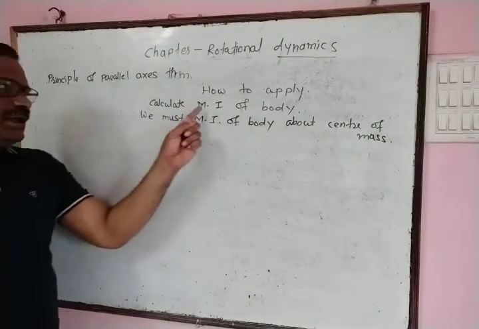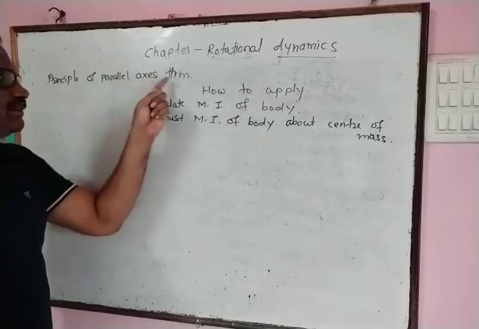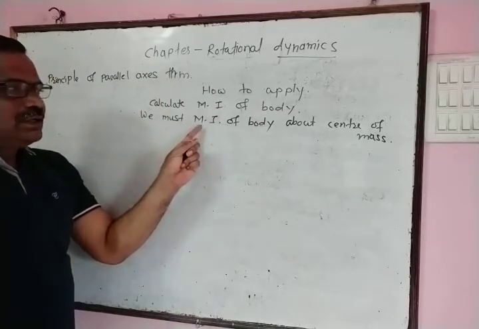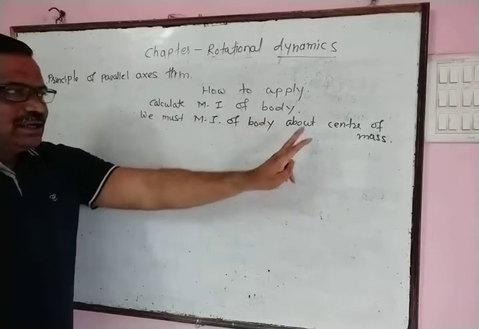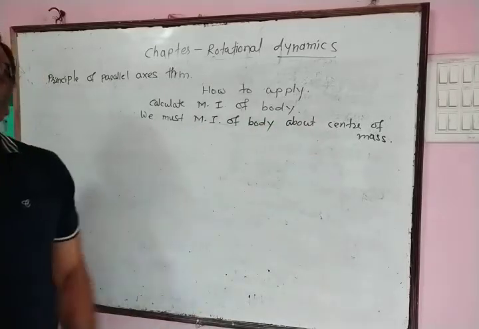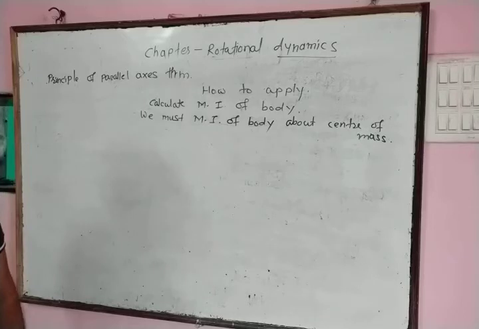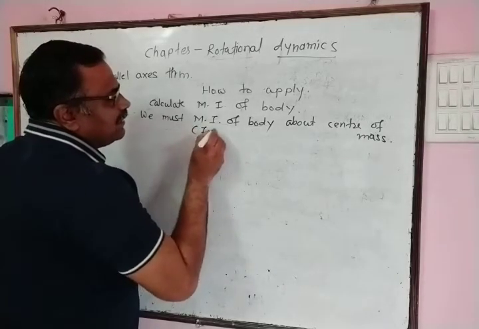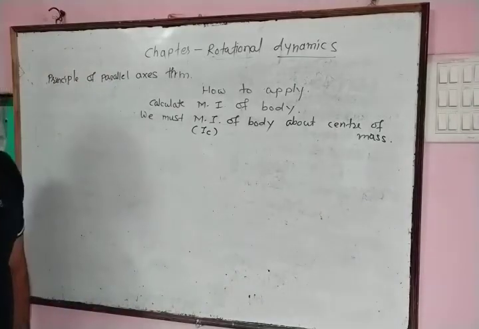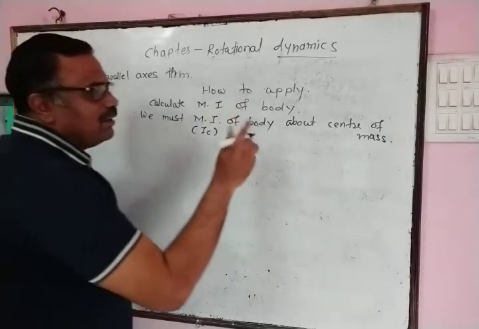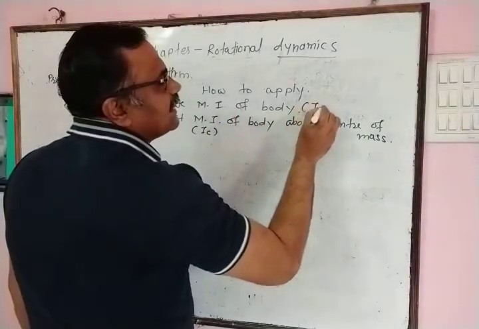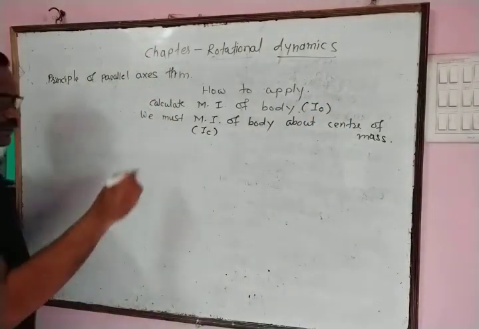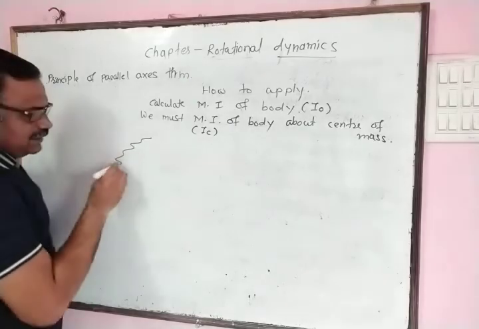To calculate MI of body by using this principle, we must know MI of rigid body about an axis passing through center of mass. We call this MI as IC, and MI of body about another axis is denoted by IO.